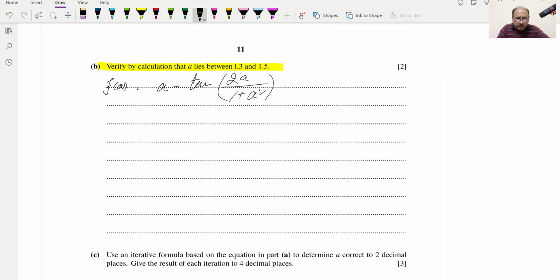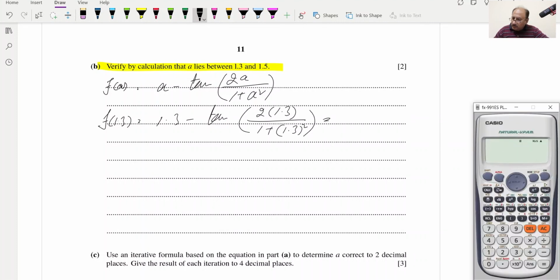We will find f of 1.3, and this will be 1.3 minus tan of 2 into 1.3 over 1 plus 1.3 squared.